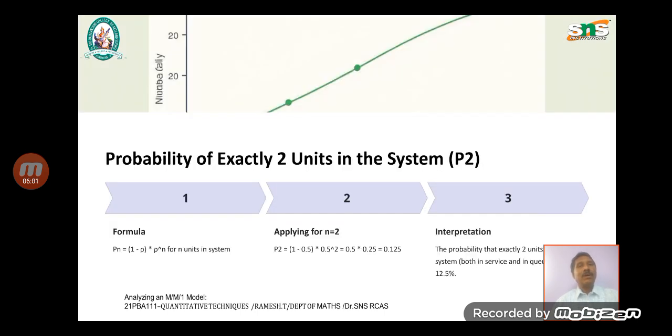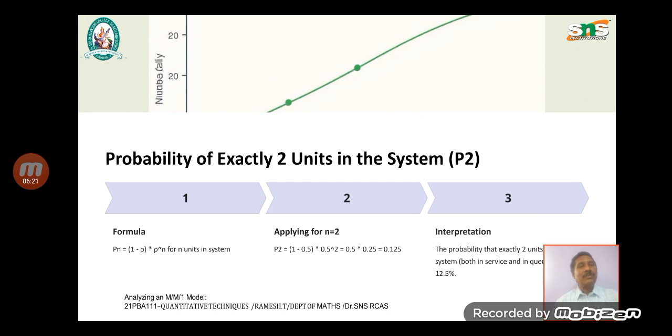Probability of exactly 2 units in the system, that is P2. We apply the formula: the probability for n customers in the system is Pn, that means rho power n into 1 minus rho. Here there are exactly 2 units in the system, therefore n is equal to 2.